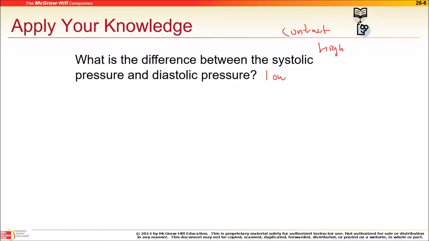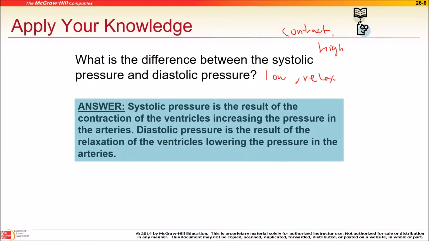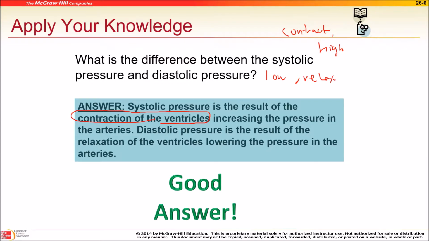And then diastolic is when the ventricles are relaxed, right? What else? Anything else? So, yeah, okay. I think that's about it. Low blood pressure, high blood pressure. Okay, systolic, ventricles contract. Very good. Diastolic, ventricles are in relaxation. So, yeah, we got it.